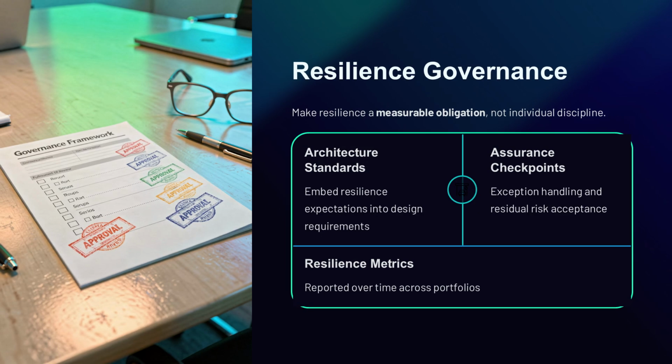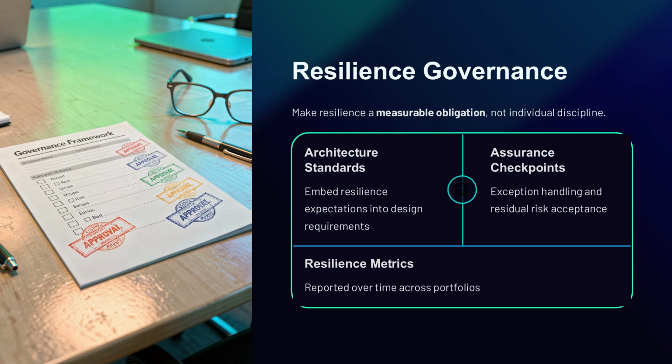With operational readiness established, you now embed resilience into governance so it does not depend on individual discipline. You define resilience expectations as part of architecture standards, assurance checkpoints, and decision records. You also define how exceptions are handled, how residual risk is accepted, and how resilience metrics are reported over time.